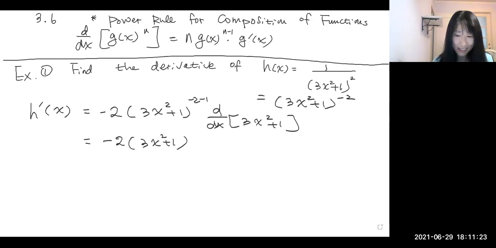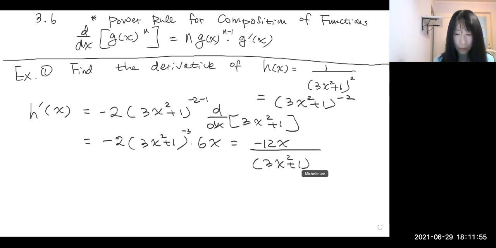Good. That multiplies out to negative 12x, and we can write the denominator, which is (3x squared plus 1) cubed, right?